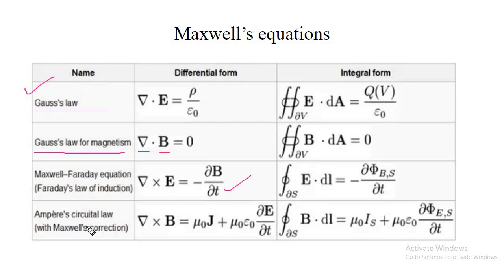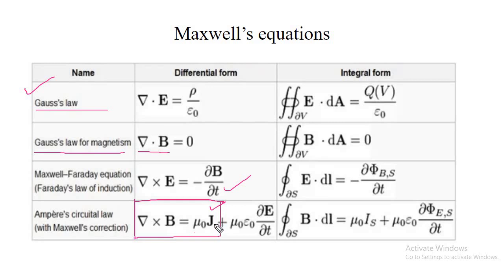The last one is Ampere's law, or sometimes we call it the modified Ampere's law by Maxwell. Actually, Ampere's law is valid up to this particular point, where it shows that the curl of the magnetic field, that is the space variation of the magnetic field, is proportional to the current density.